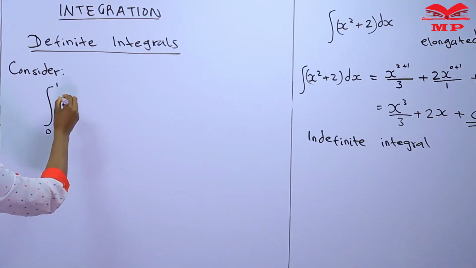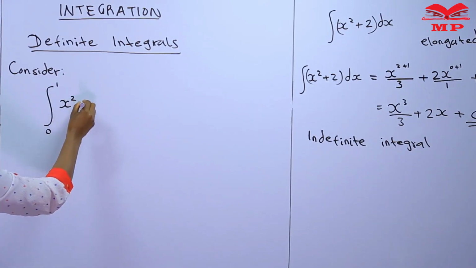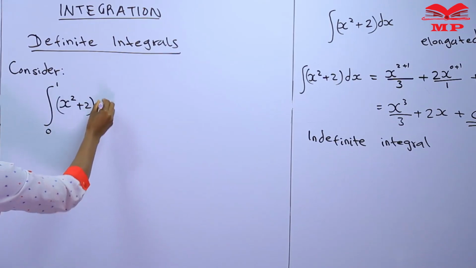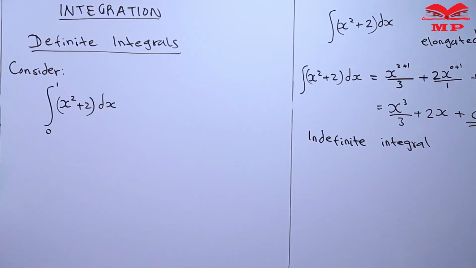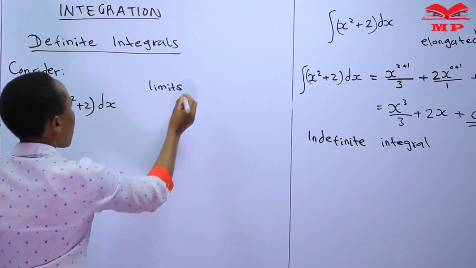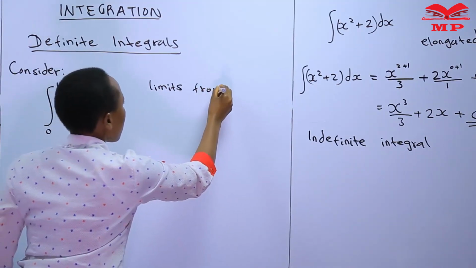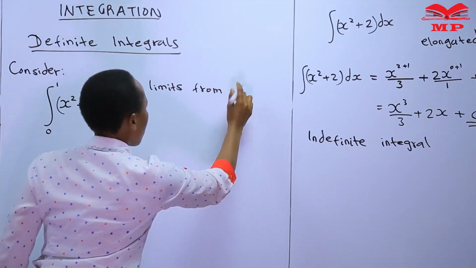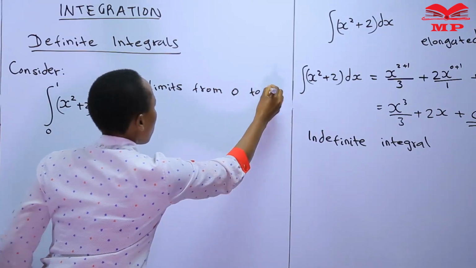When we have the limits and the same function, x squared plus 2 dx, it simply means that we are finding this integral, but now we have the limits, from 0 to 1.